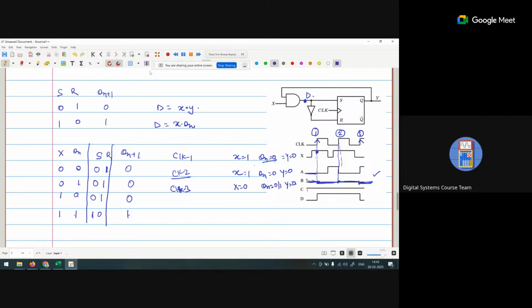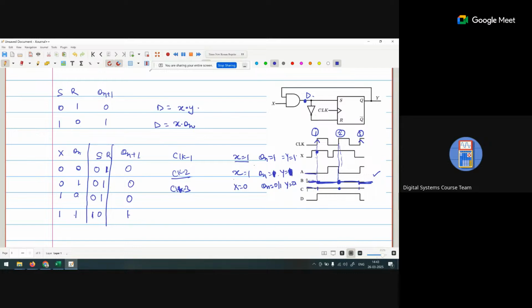Now we check option C also. At first clock, X is 1, and the previous output is also 1, so Qn is 1 and Y is 1. At the second clock, when X is 1, this output is also 1, so Qn is 1 and Y is again 1.